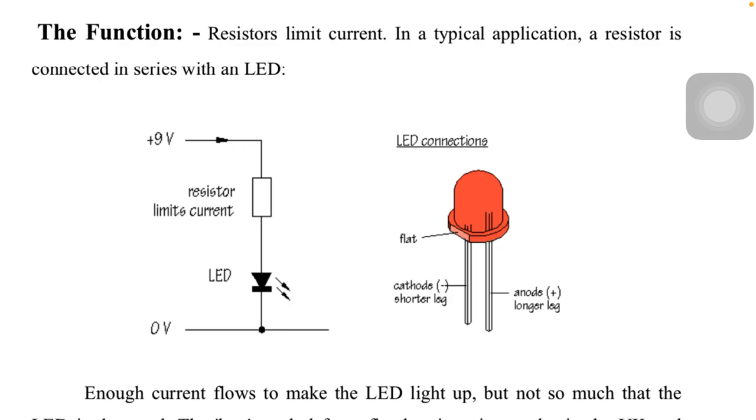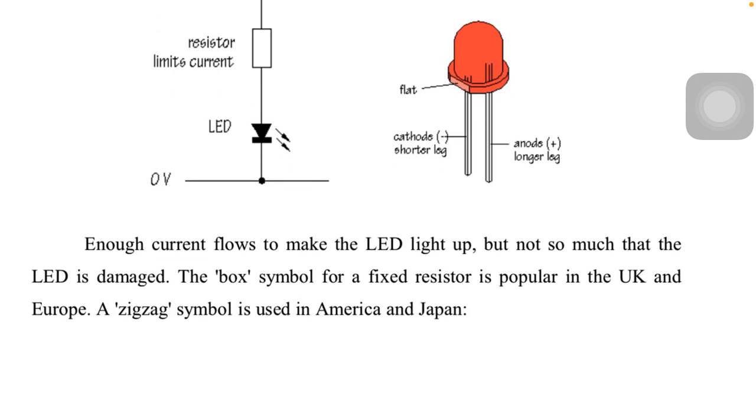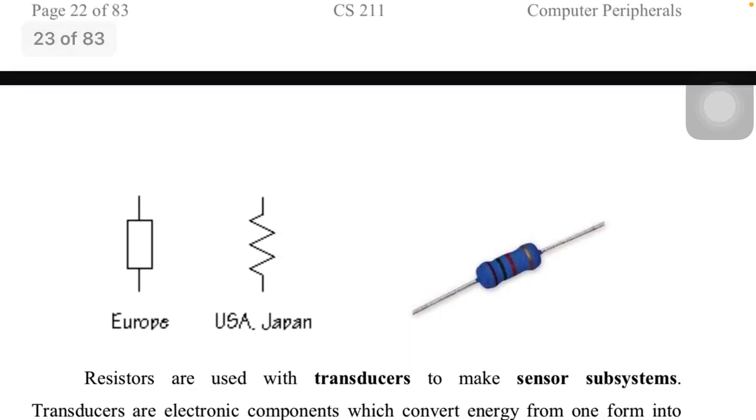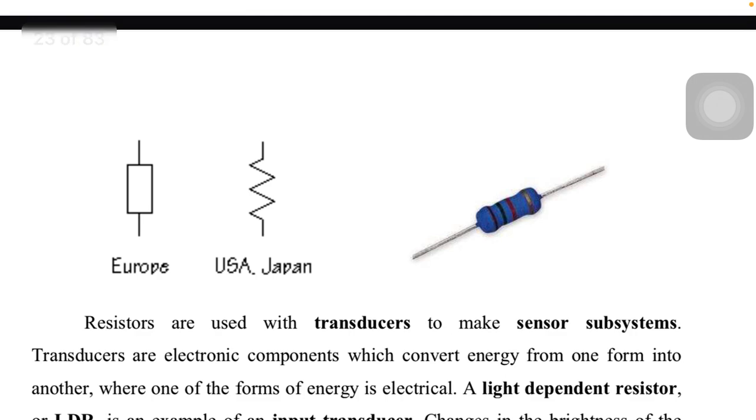So if you don't use a resistor, you might be passing through it 100 milliampere. That will burn the LED. So the function of a resistor is to resist or limit current. I know we have mentioned this before, but just to talk about it again.